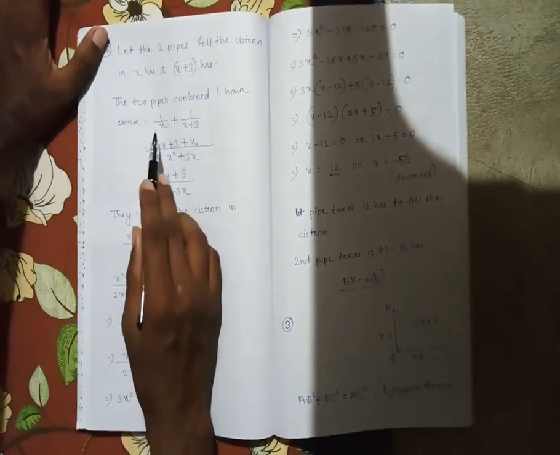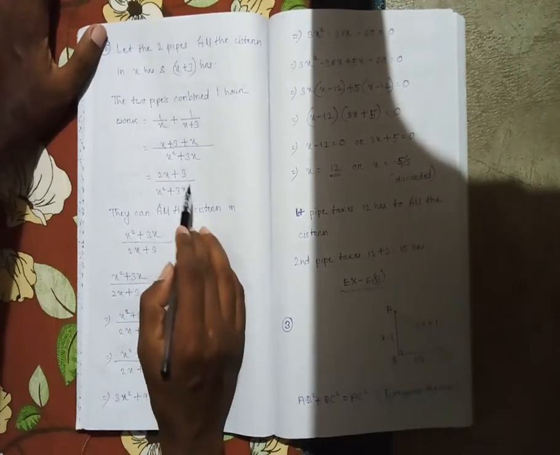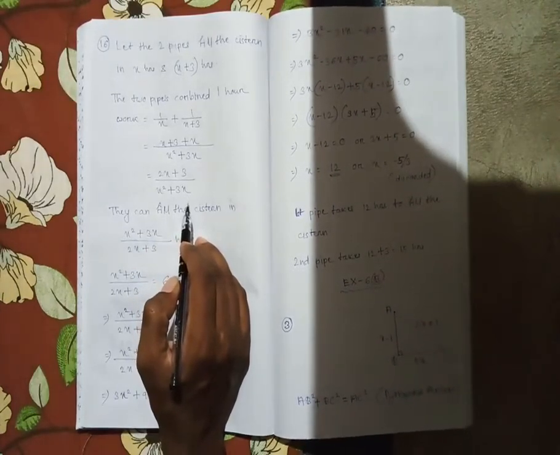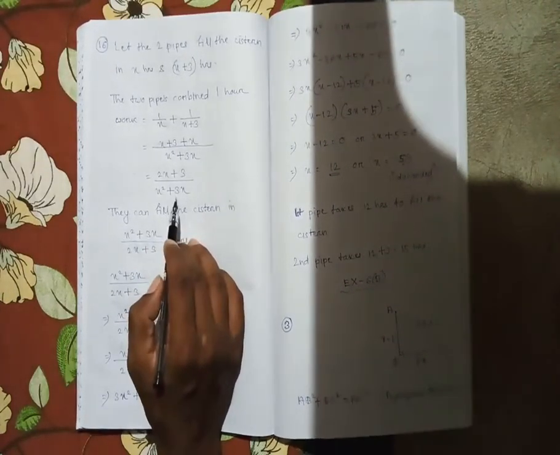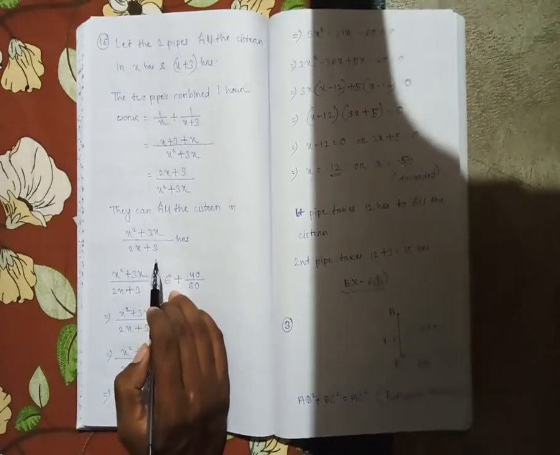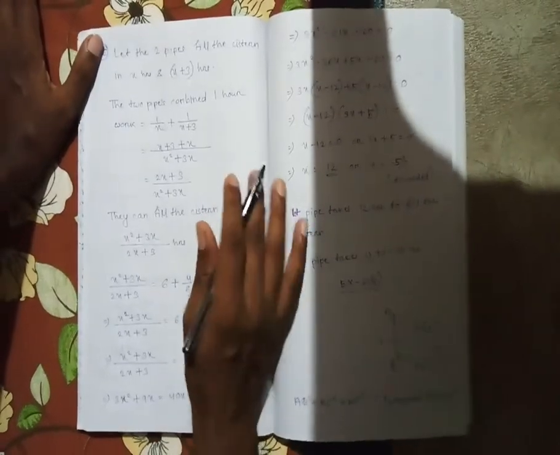If the two pipes combined 1 hour work is 2x plus 3 by x square plus 3x, then they can fill the cistern in the reciprocal, means x square plus 3x by 2x plus 3 hours. Remember this, you know from lower class already.